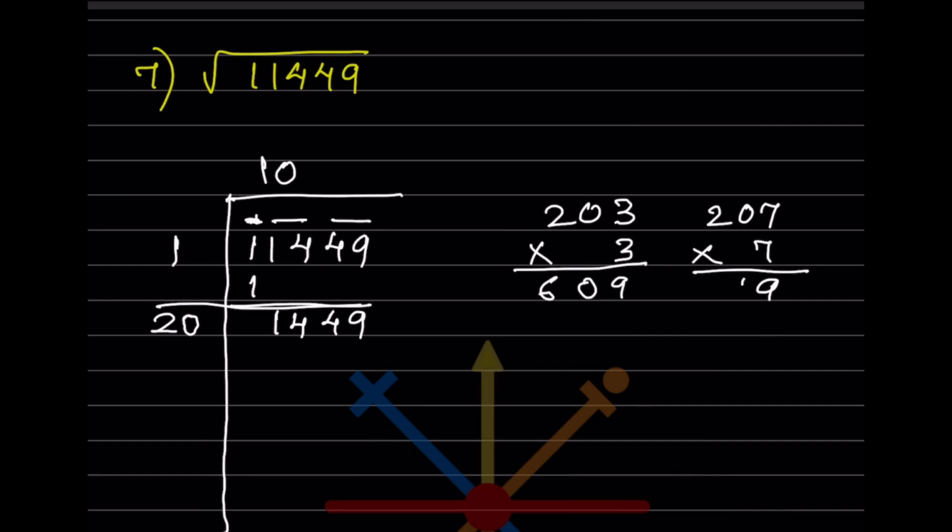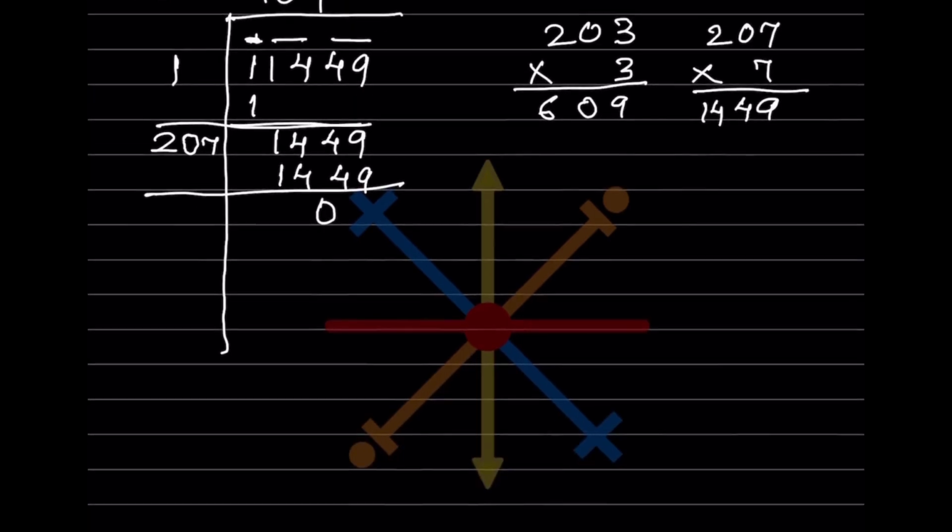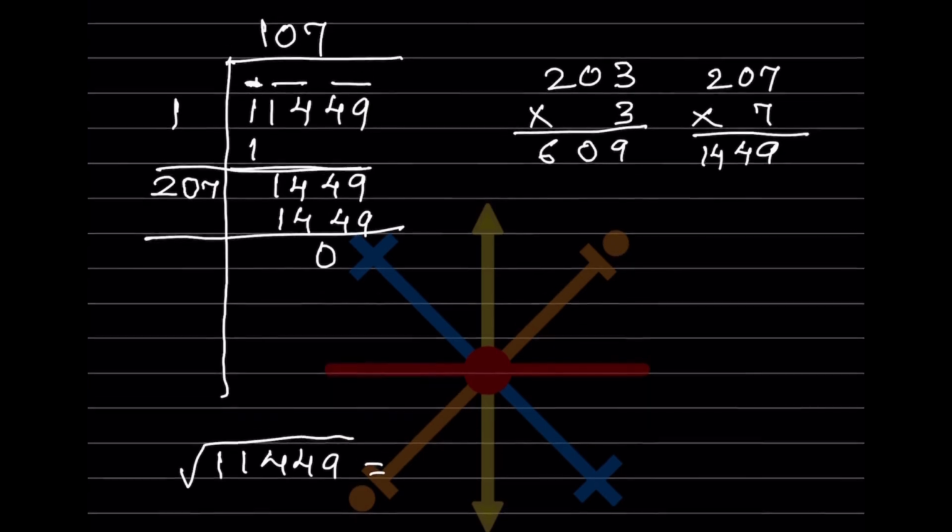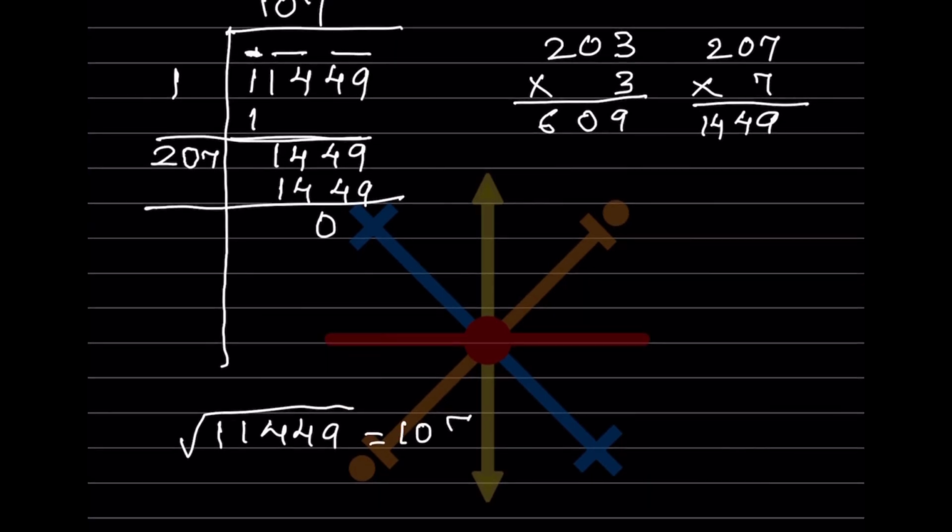So it should be 207. If you do this rough work at the side, that will be better. So now this will be 11449. The answer is 107.